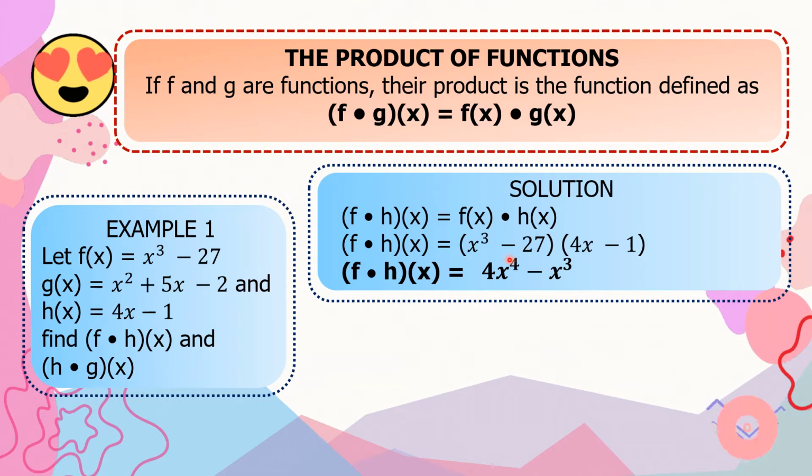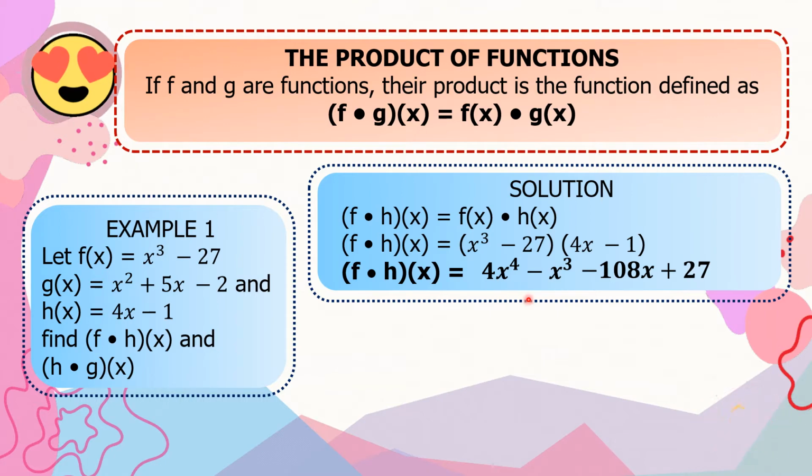Next na multiply natin is yung negative 27 sa 4x minus 1. So, negative 27 times 4x is equal to negative 108x. And the last, negative 27 times negative 1 is equal to positive 27.